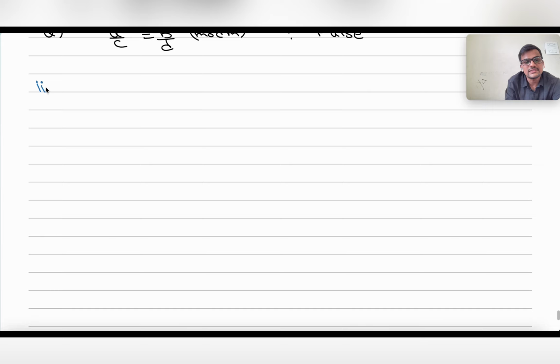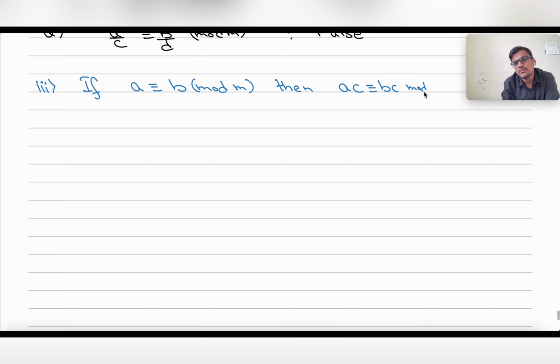Now we will move to the third property. What this third property says: if A is congruent to B modulo M, then AC will be congruent to BC modulo MC. Note that C has to be positive, a natural number. Here we multiplied the constant C to A, B and M. Let's see the proof.